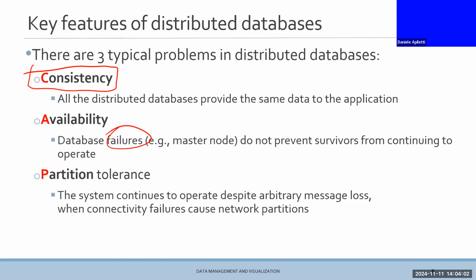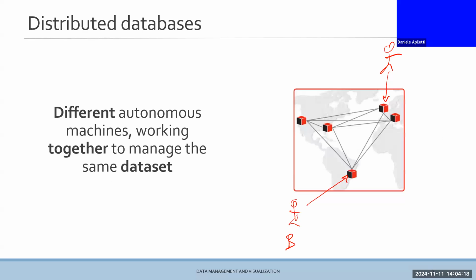So that's availability. Of course, we would like to be consistent, that's clear. We would like to be available, even more clear, because we are earning money. We also want partition tolerance. The idea is the following. In a setting like this, it might happen that sometimes the network goes down. Why? Because it's a distributed system. Distributed system means that to let the system work, you need to talk to the other nodes.